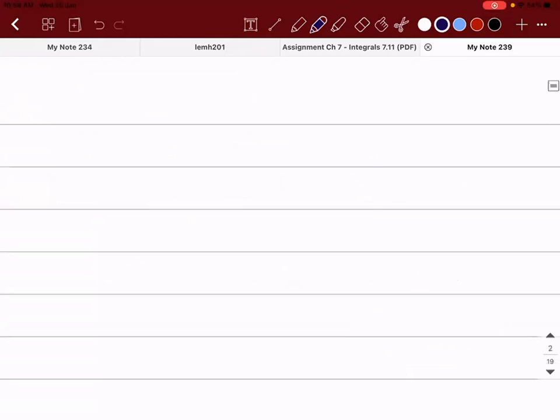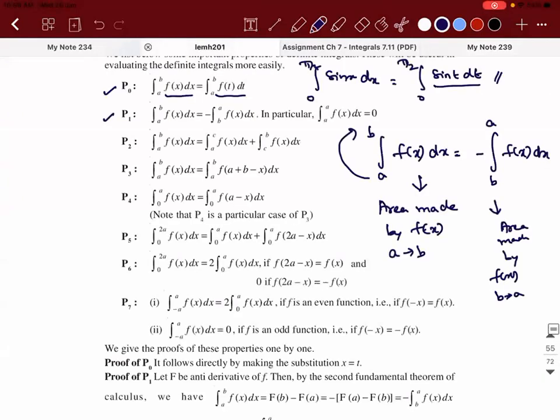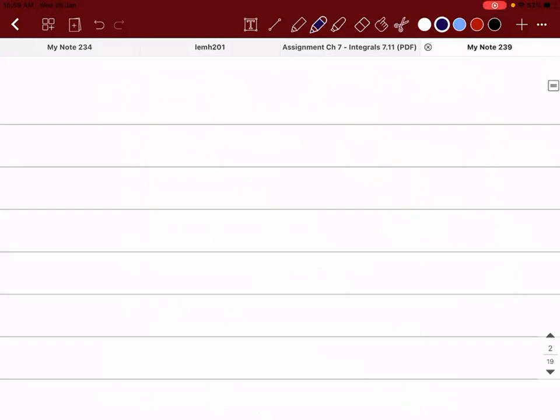Next is P2. P2 says integral of a to b f of x dx is equal to integral of a to c f of x dx plus integral of c to b f of x dx. So P2 states something like this.